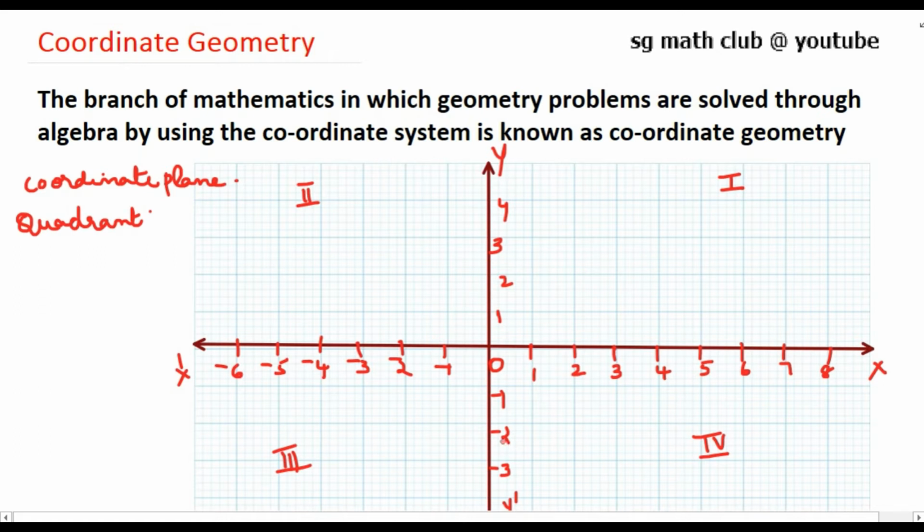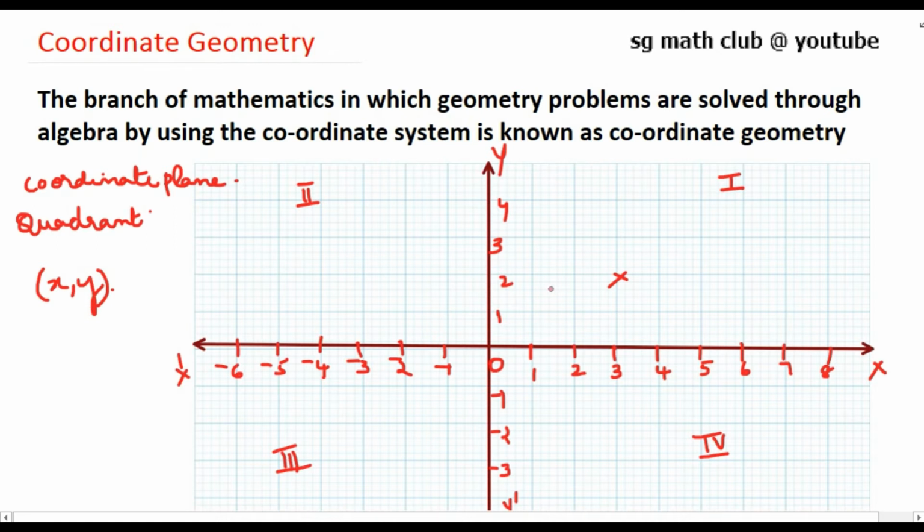Now the distance of a point from the y-axis is called the x coordinate, and the distance of a point from the x-axis is called the y coordinate, and together we call it the coordinates.